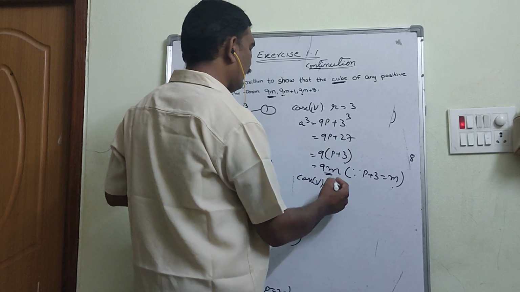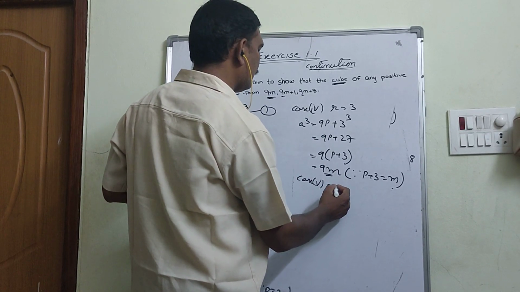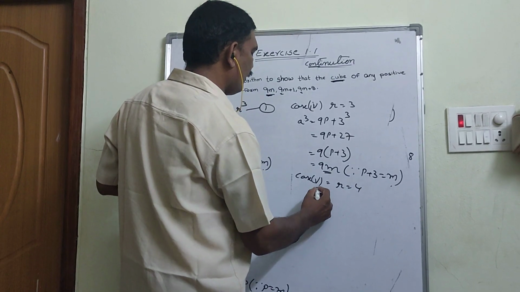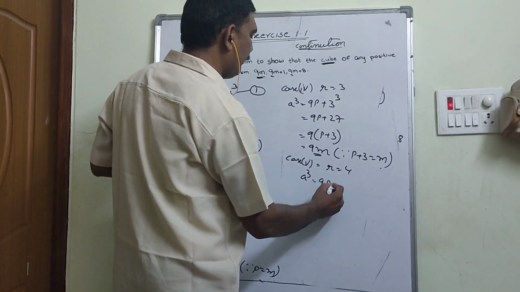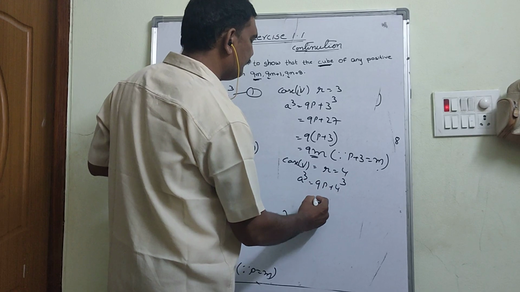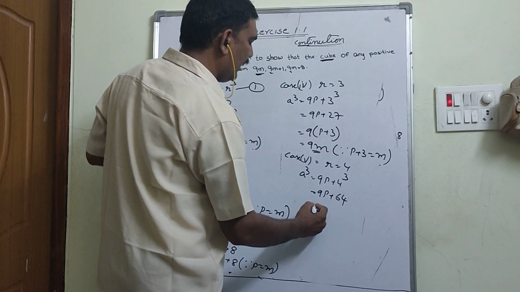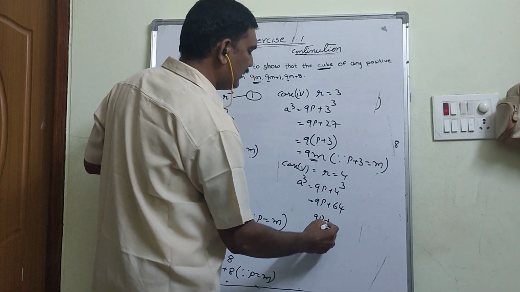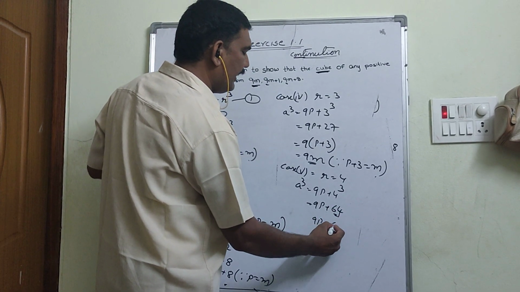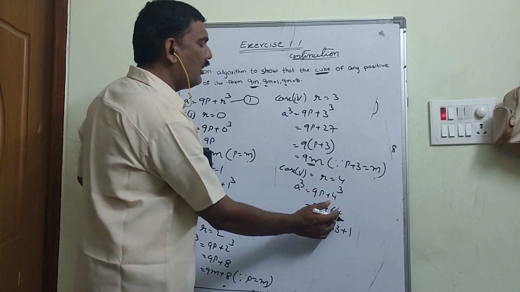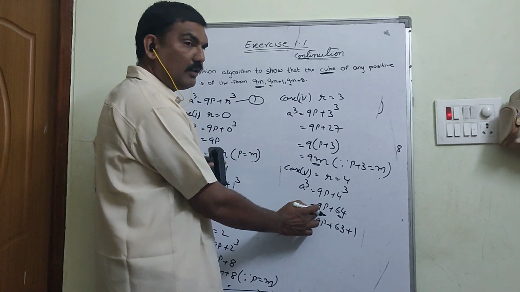Case 5, what you have to do is, a cube is equals to, means you have to take r is equals to 4 and a cube is equals to 9p plus 4 cube, 9p plus 64. And 9p plus 64 I am writing as 63 plus 1, because remainder should not be greater than the divisor.